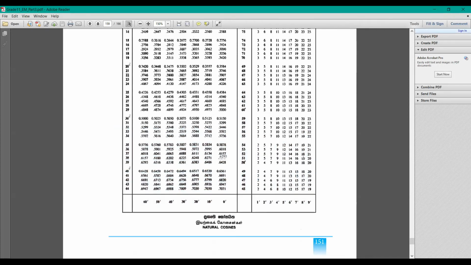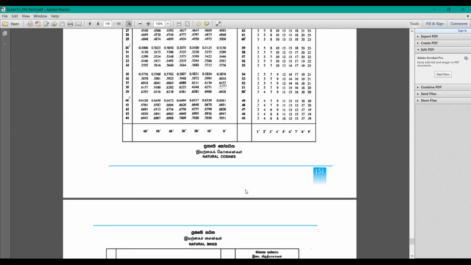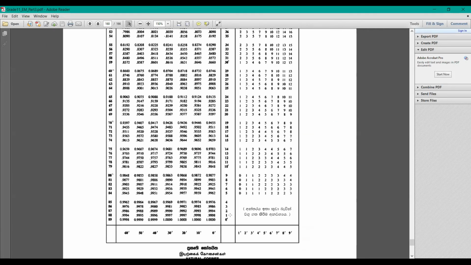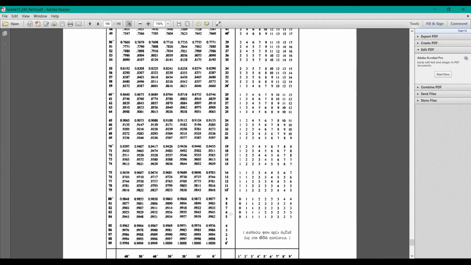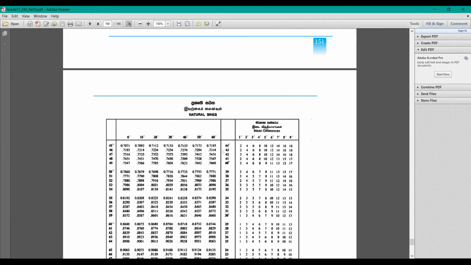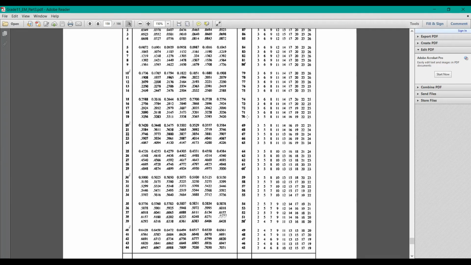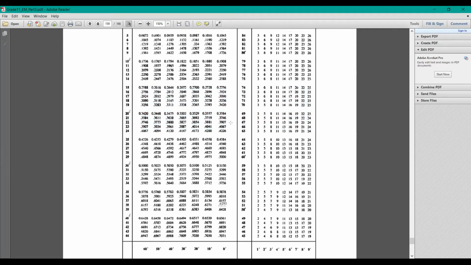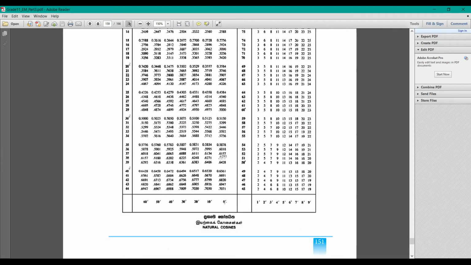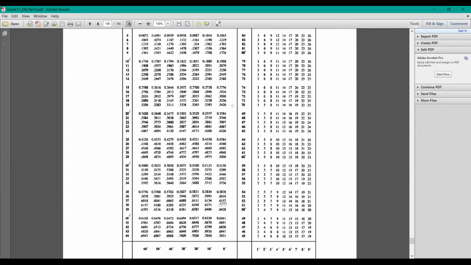Here you can see cos 0, cos 1, cos 10, likewise it goes, and cos 44 here. And here you have cos 45, and likewise we need cos 70. So cos 70 will be this value. It is only given in degrees. There are no minutes, so it will be 0 minutes. So cos 70 and 0 minutes means 0.3420.